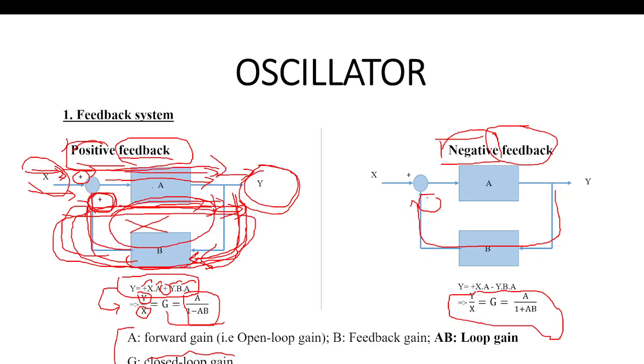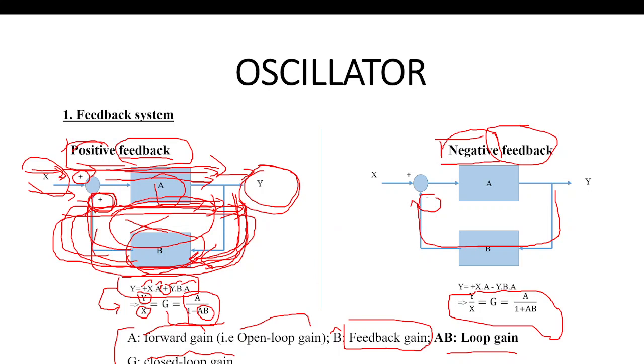As a result, the system A is named forward gain, or sometimes it can be called open loop gain. Next is the feedback gain: because it's on the feedback branch, the B system is named feedback gain. Finally, the multiplication of A and B is defined as loop gain.